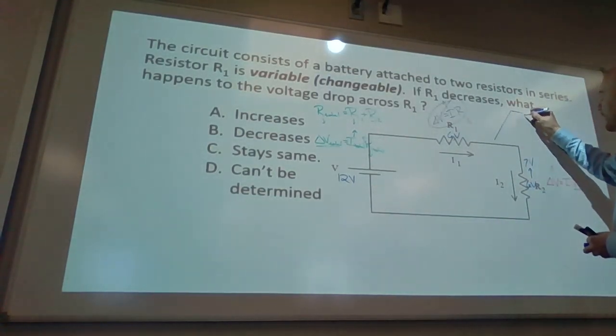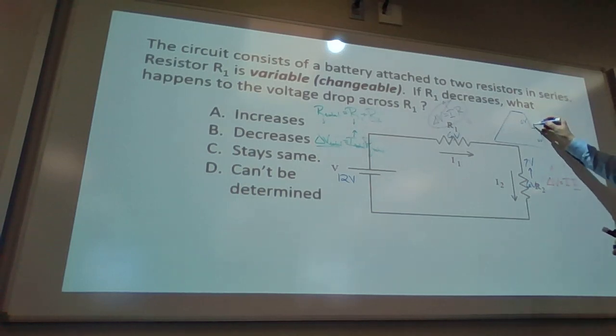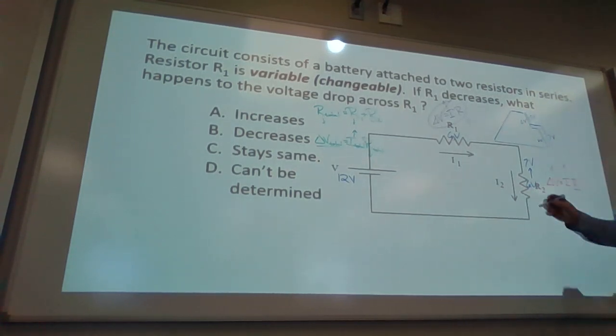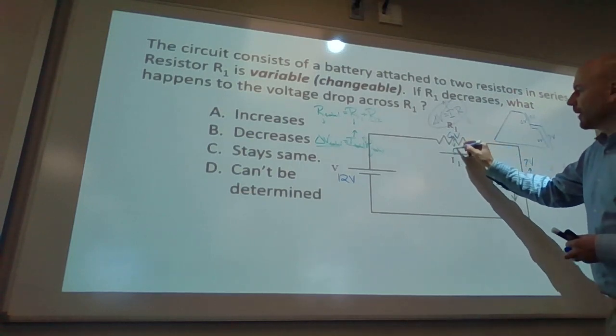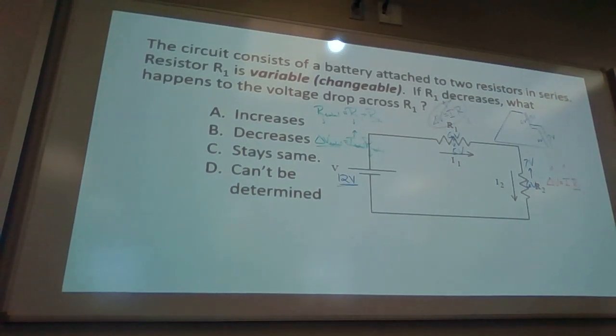I used to have 6 volts, 6 volts. But changing that, I now have a 7-volt drop here, meaning this has to be 5 volts. We decreased to 5 volts so that the total voltage still adds up to 12.